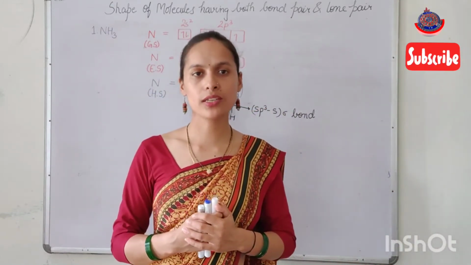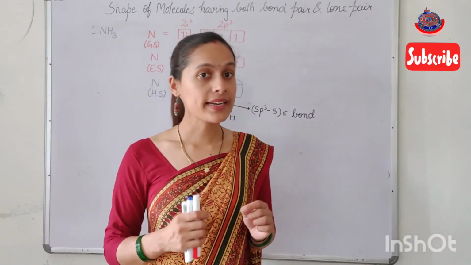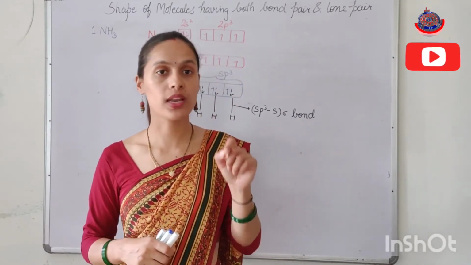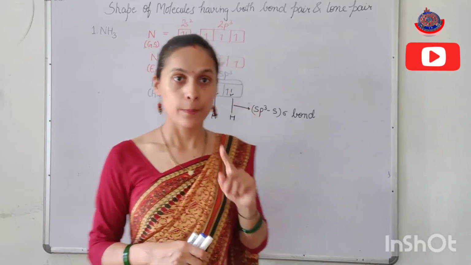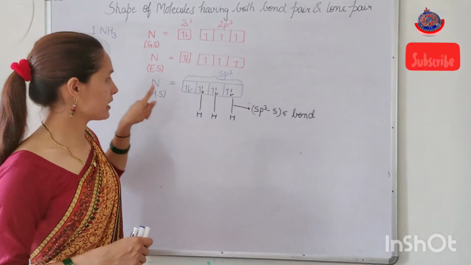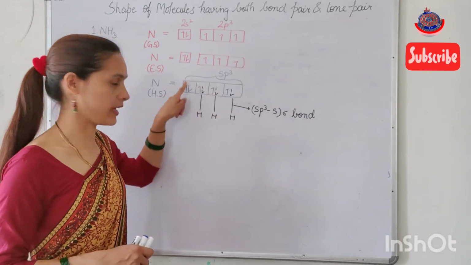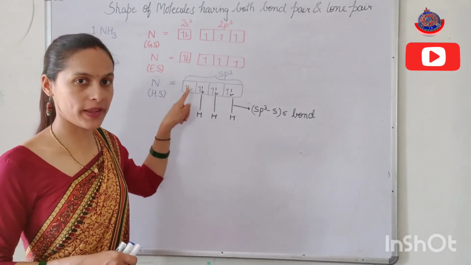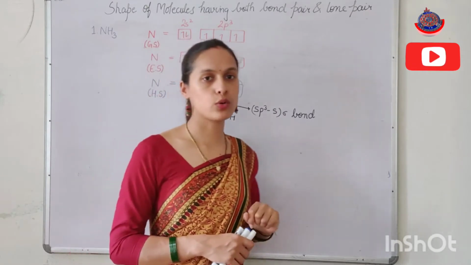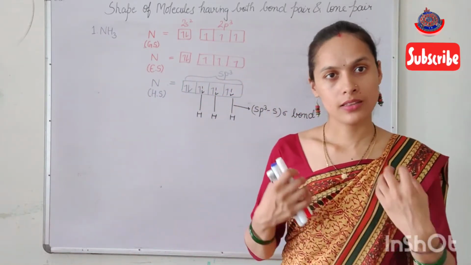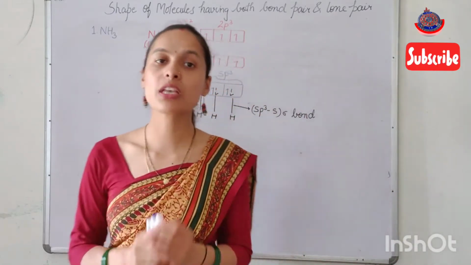So the hybridization is sp3, and we have studied that if the hybridization is sp3, the geometry of the molecule is tetrahedral, but it is tetrahedral when the central atom is surrounded by only and only bond pairs. But in this, the nitrogen is surrounded by three bond pairs and one lone pair. Due to the presence of this lone pair, the geometry becomes irregular and the shape becomes pyramidal.